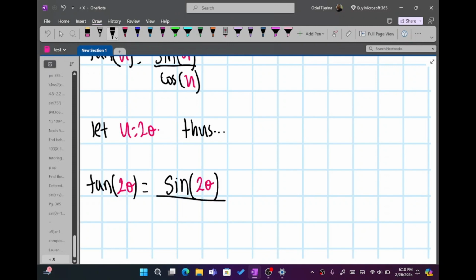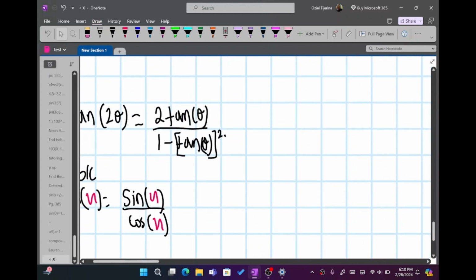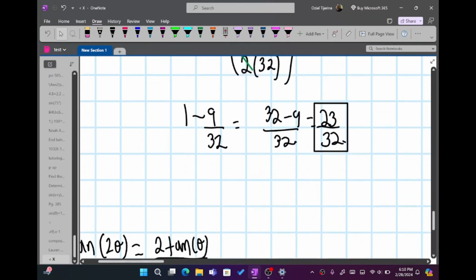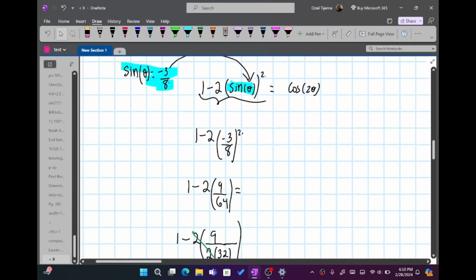I think this way is better because we already have the sine of 2 theta and cosine of 2 theta. All we have to do is plug those in. So use your previous 2 problems to find tangent of 2 theta.